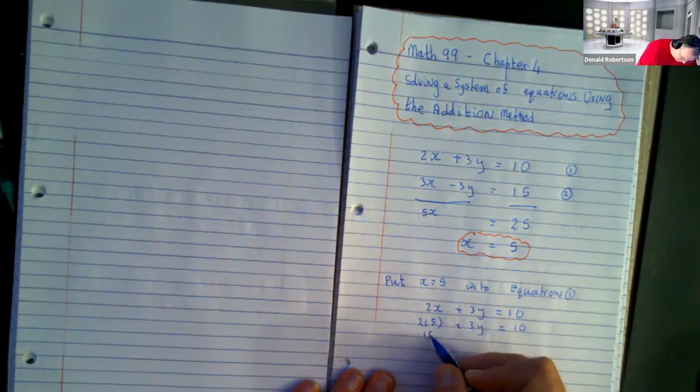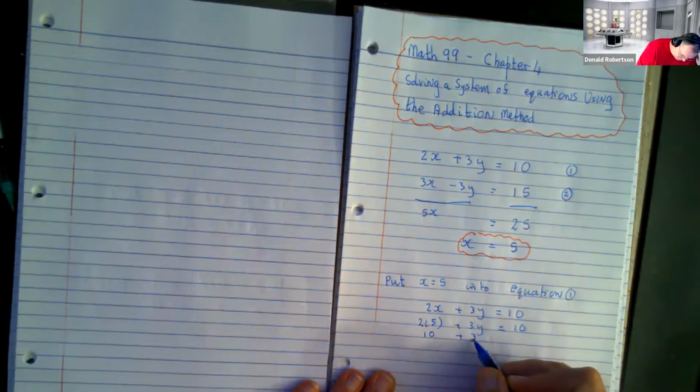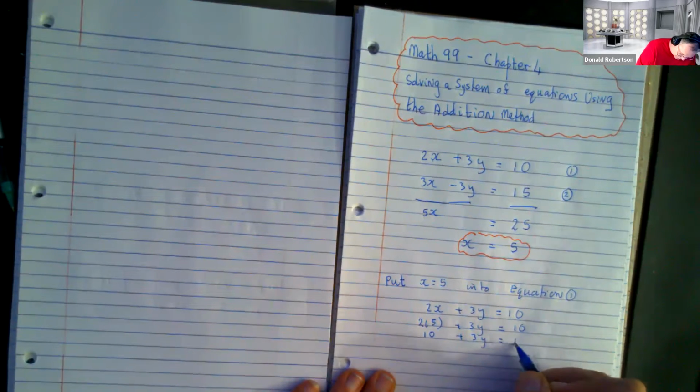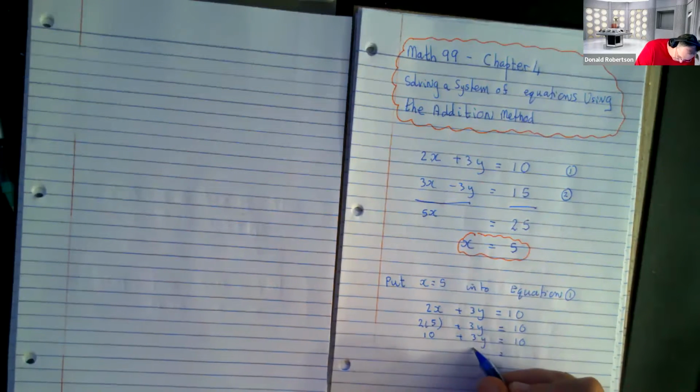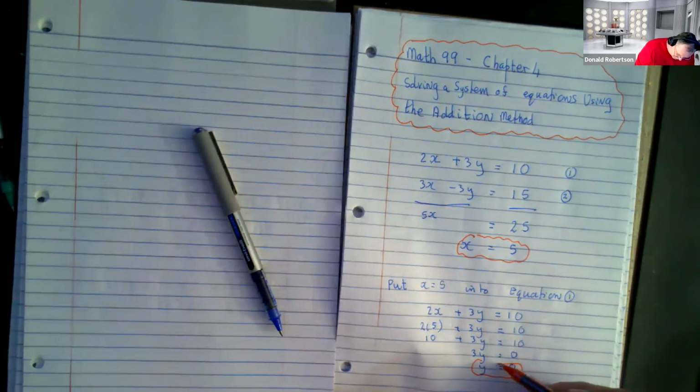That gets me 10 plus 3y equals 10. Kind of cool. Now I have an equation with one unknown, a linear equation. I'll subtract 10 from both sides, and then I'll divide both sides by 3. And now I have the corresponding y value.